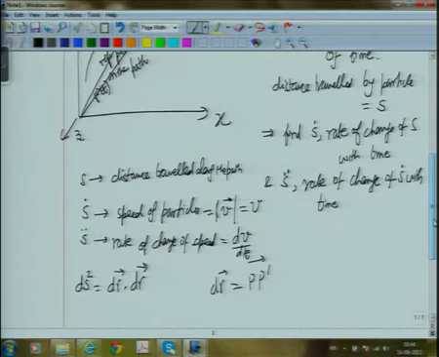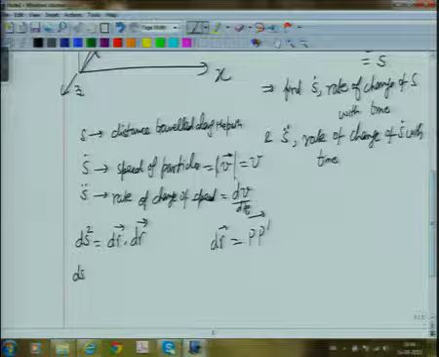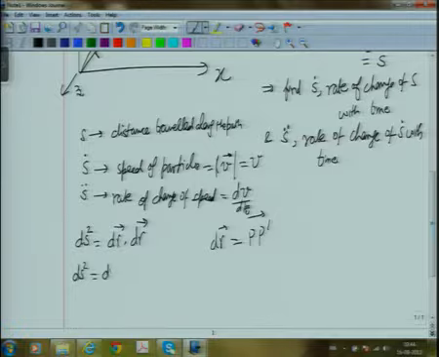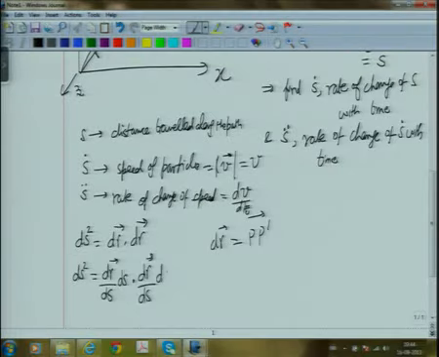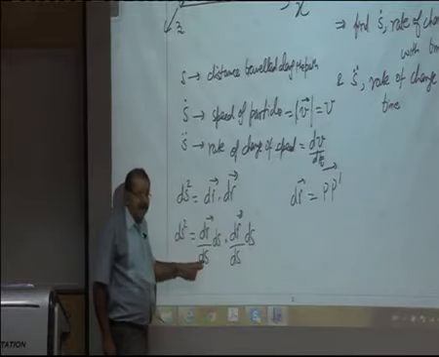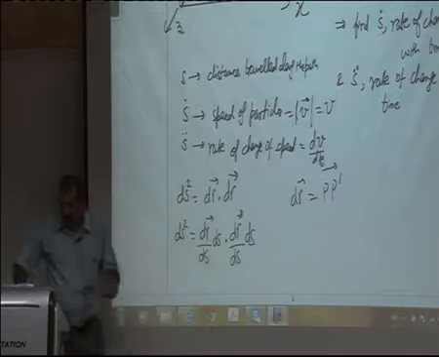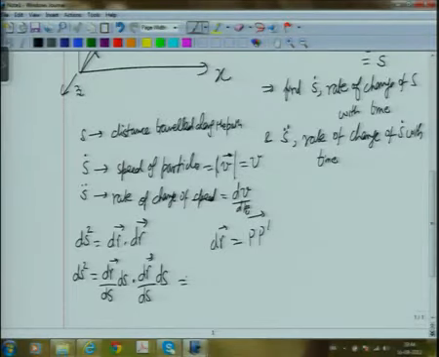So now once we have this, since we are measuring everything in terms of s, I can write ds square as dr by ds multiplied by ds. All I am doing is, in each of these, multiplying and dividing by ds.